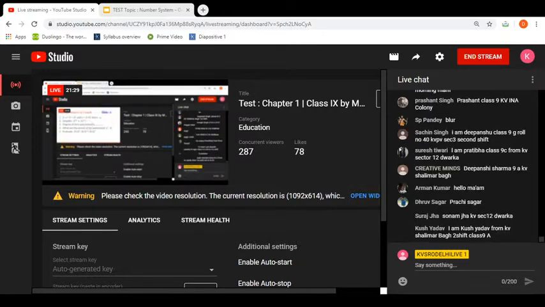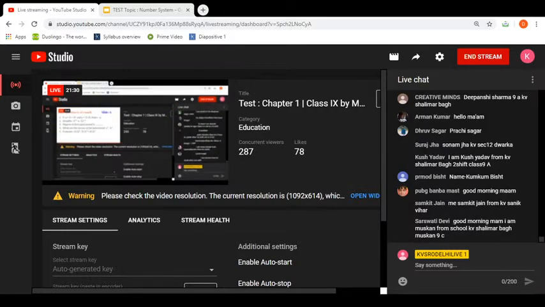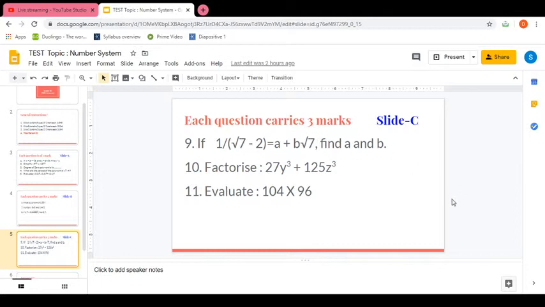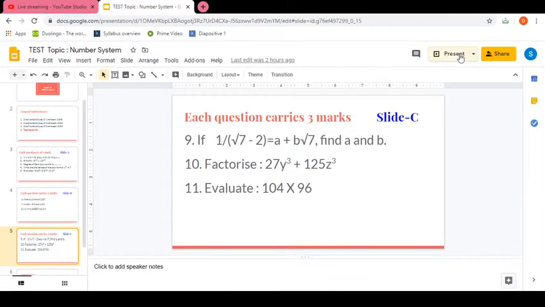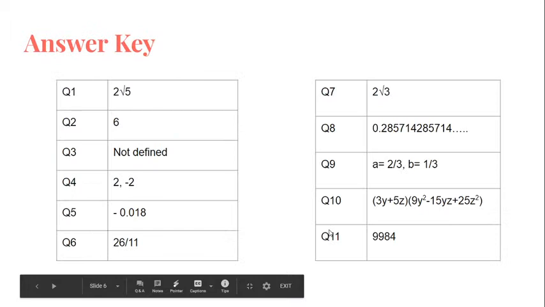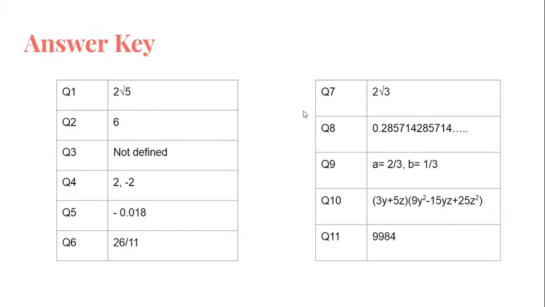So, shall I show you the answers? Now here go the answers. Please check it and let me know your answers after you try and find your score. The final slide with your answers. Here are the answers. Okay, please check it.